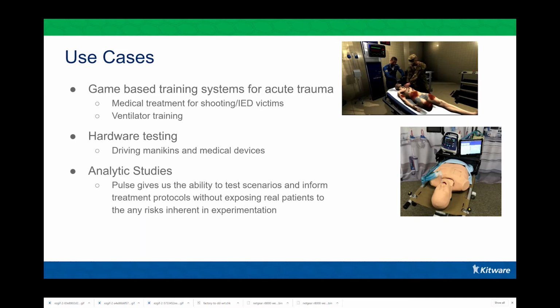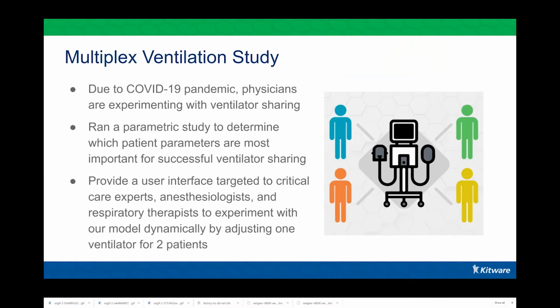The use case that I'm going to talk about today is our study for multiplex ventilation. Earlier in the year, when COVID was more unknown, a lot of talk about ventilator sharing came up and how we're going to have to share a ventilator with multiple patients. There were a lot of questions about how to do that, which patients could do that.